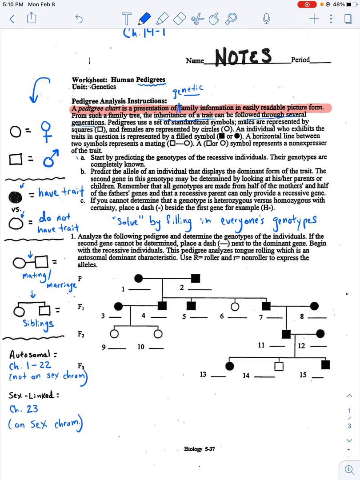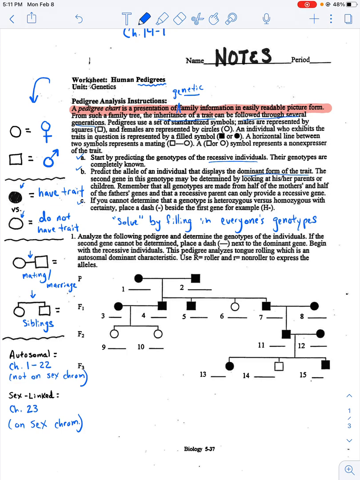So A, B, and C talk about ways to go about solving the genotypes for the individuals. So starting with letter A, start by predicting the genotypes of the recessive individuals. Their genotypes are completely known. Predict the allele of an individual that displays the dominant form of the trait next.